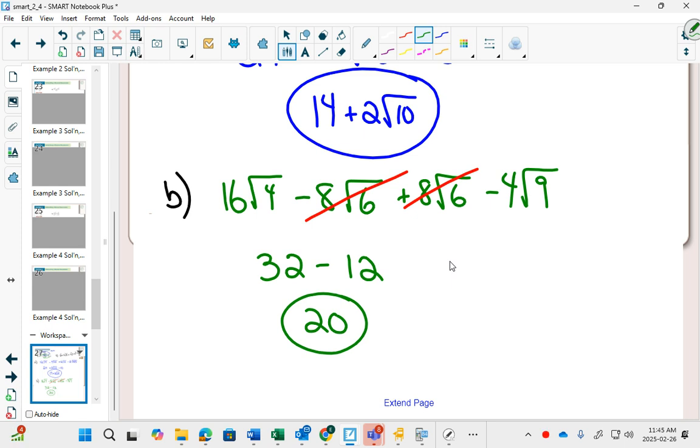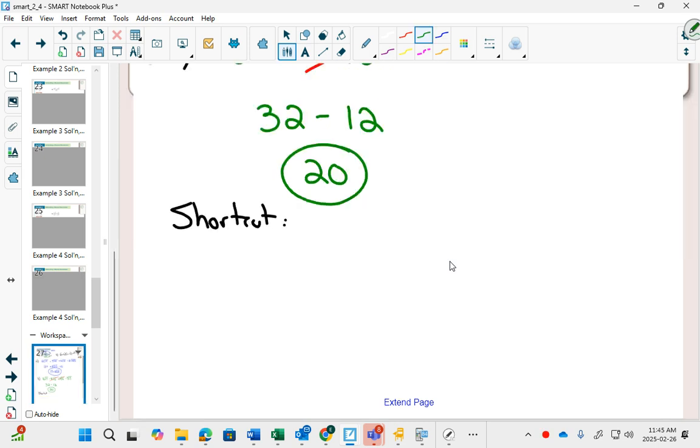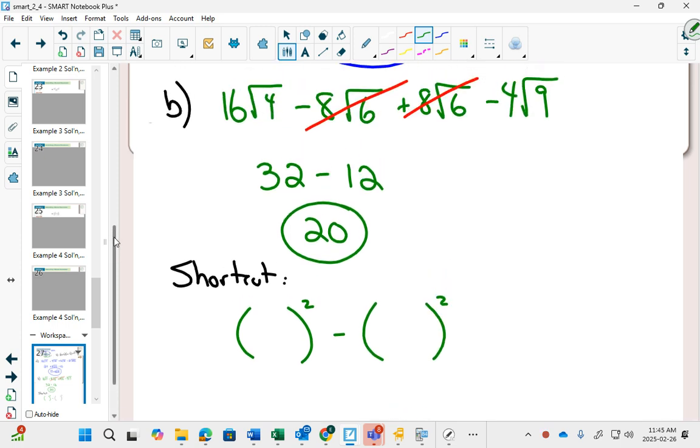The shortcut would look like this. If you recognize it as a difference of squares, that means it will be the first one squared minus the last one squared. And the first one was 4 root 2, and the last one was 2 root 3.